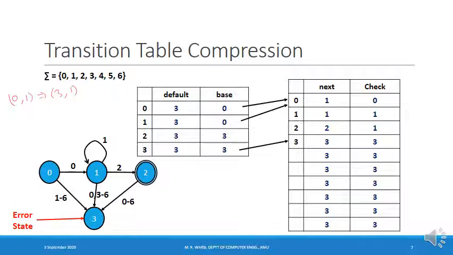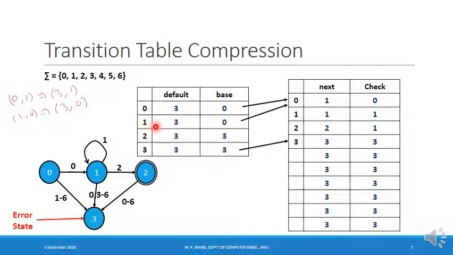Similarly, if I ask where will I go from 1 on 0, this is equivalent to saying where will I go from 3 on 0. So the point is 3 is the default state for state number 0 and 3 is the default state for state number 1. And if you look at the table, here I am storing that 3 is the default state for state number 0 and 3 is the default state for state number 1.